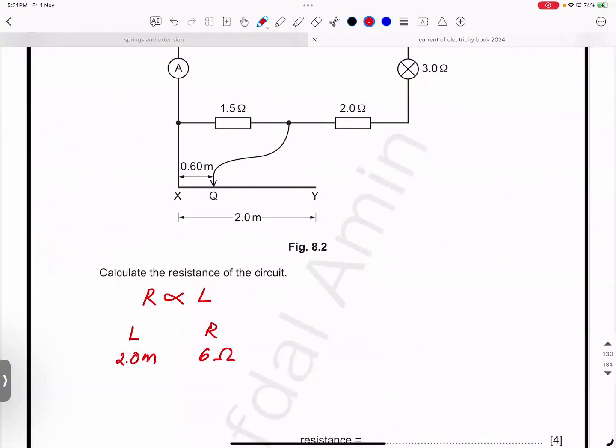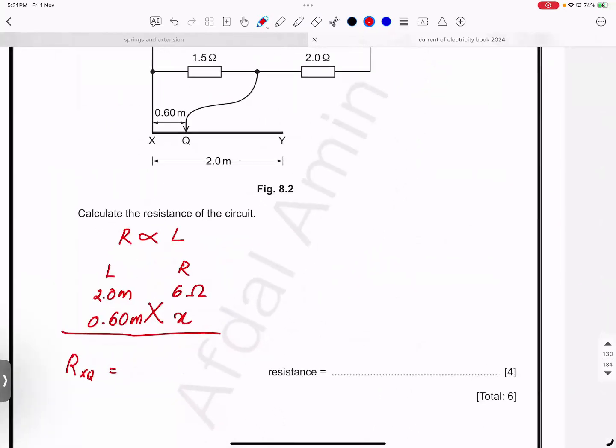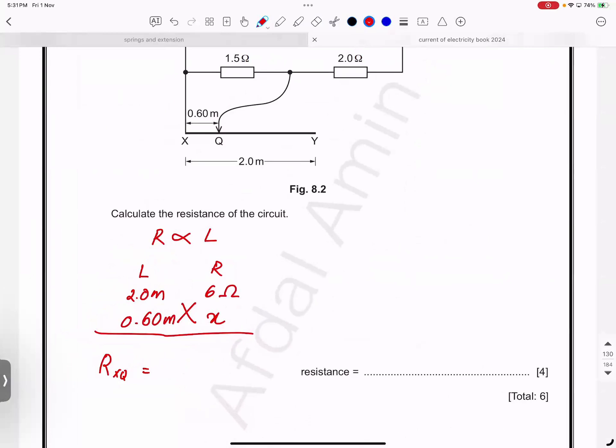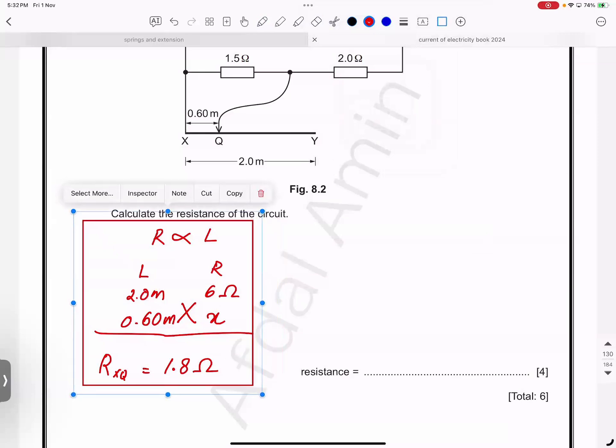Now the length is 0.6 meters. Resistance, how much? So give me the resistance of XQ. 1.8 ohms.